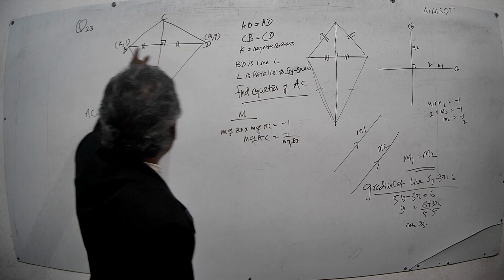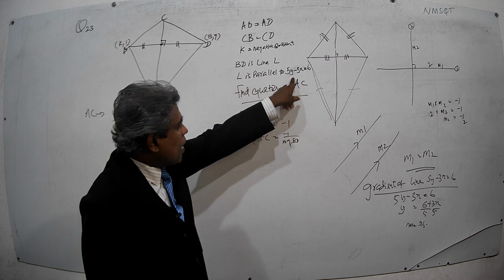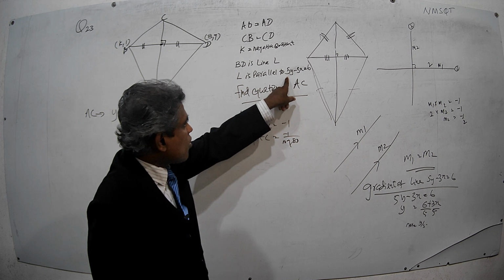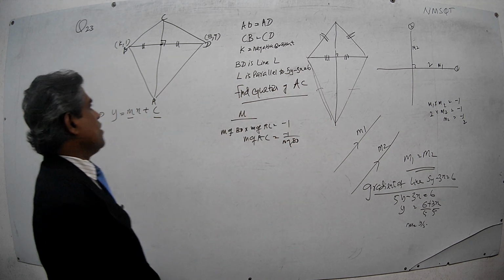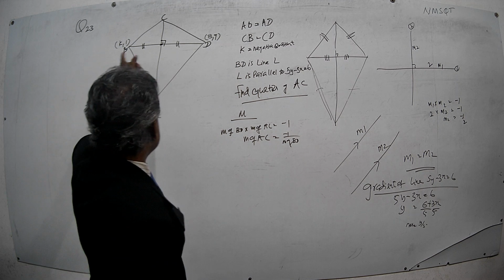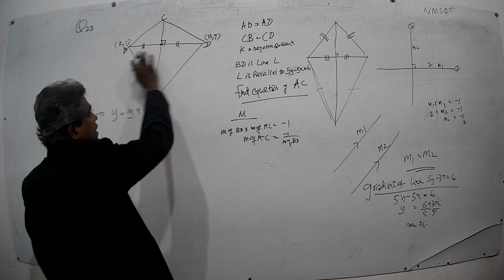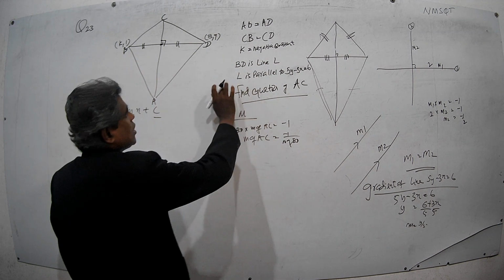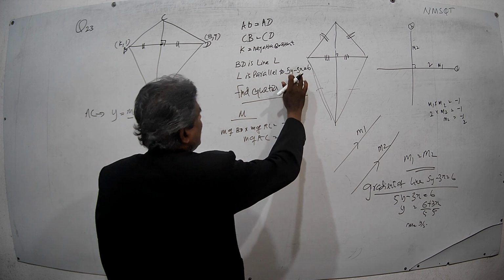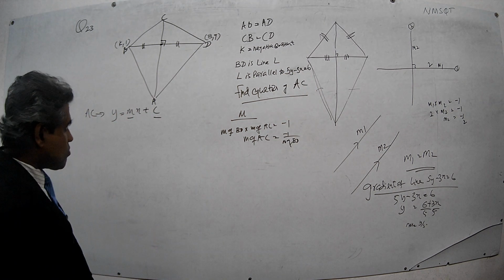They say this line BD is parallel to the line of equation 5y minus 3x equals 6. They say this line BD is line L. Then line L is parallel to the line 5y minus 3x equals 6.